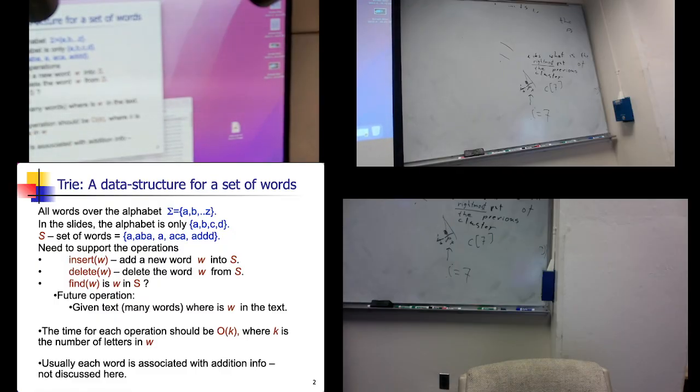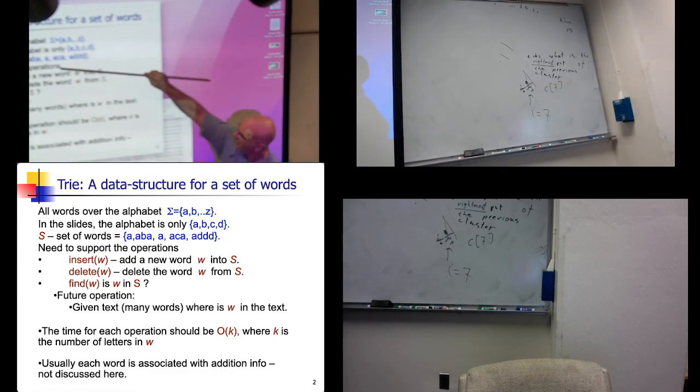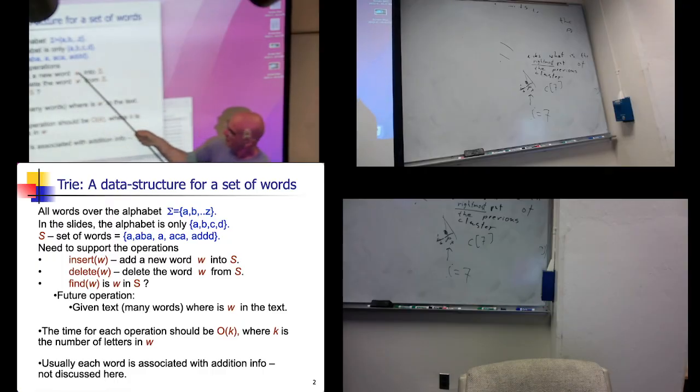And I want a data structure that will allow me to insert a new word into my dictionary. A word is just a string. Insert a new word: discover a new protein, somebody decided that a new word is a word in the English dictionary, or a new student came and you are putting her or his name in your storage. So I want to perform an insert into S. S is my dictionary, the set of students, the set of words that are already in my data structure.